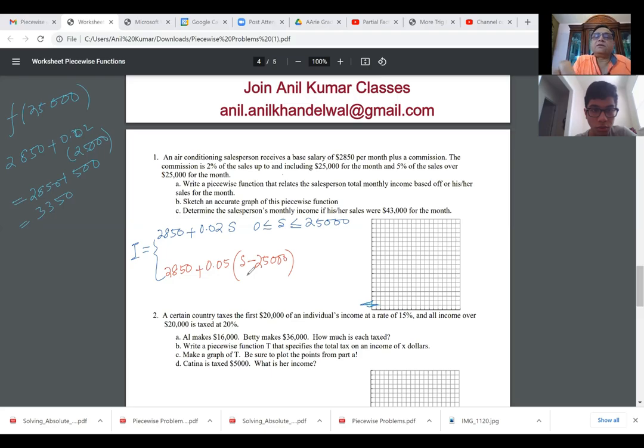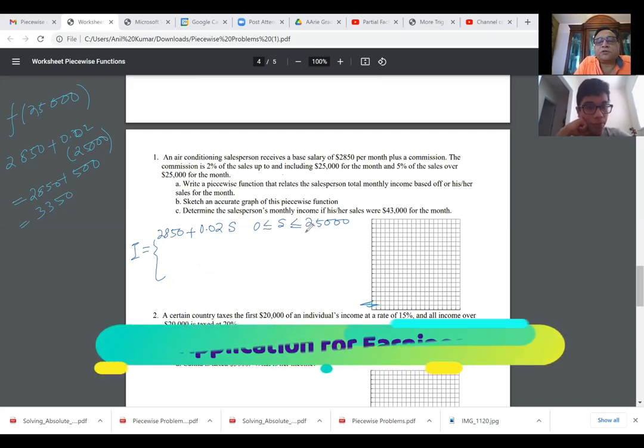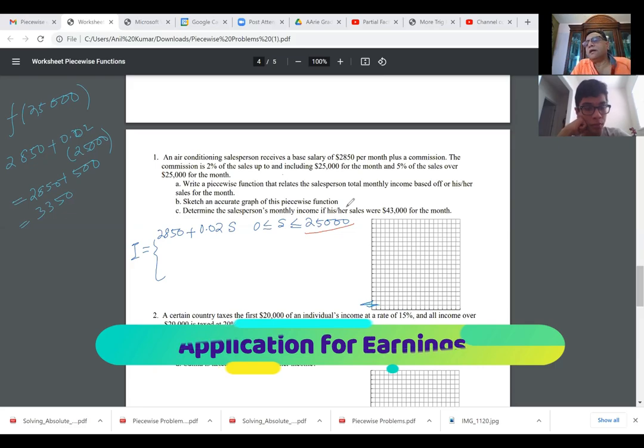Now it is a good idea to show you one calculation of what really happens at this stage. Let me just delete this and tell you one thing. I want to make it simpler. Think like this. For 25,000, we already got a value. But anything above that, we will get additional commission of 3% and make it 5.